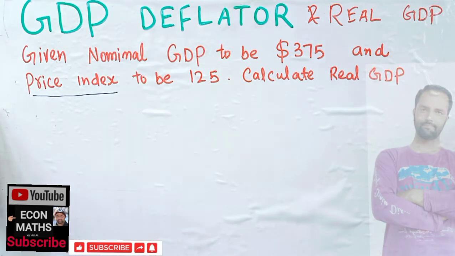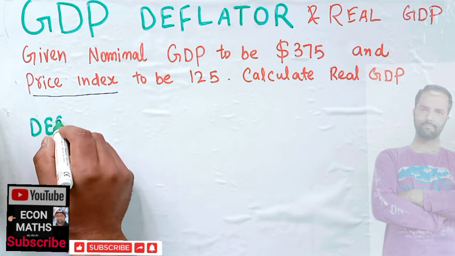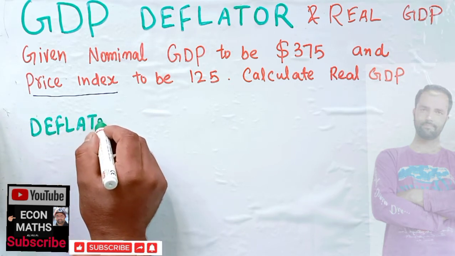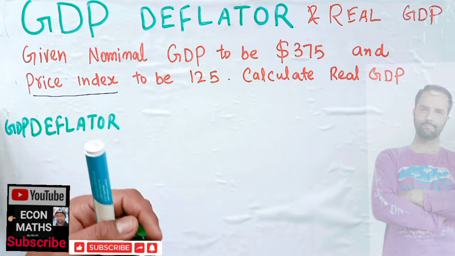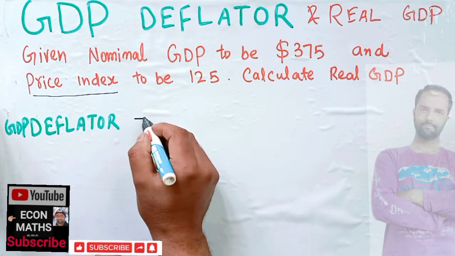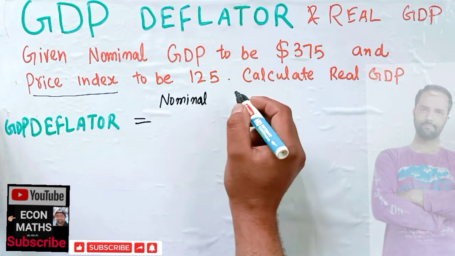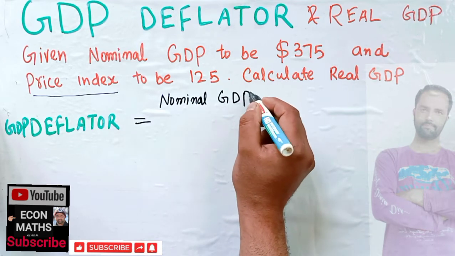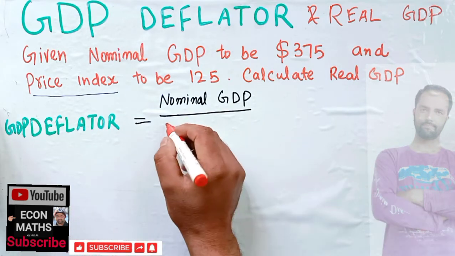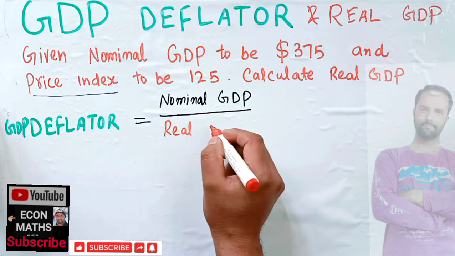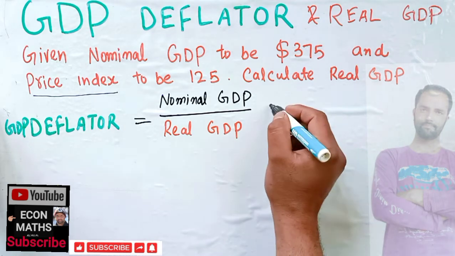So let me write deflator in short. Let me write it as GDP deflator. GDP deflator is equal to nominal GDP upon real GDP into 100.